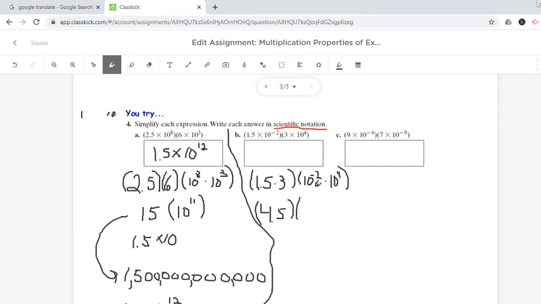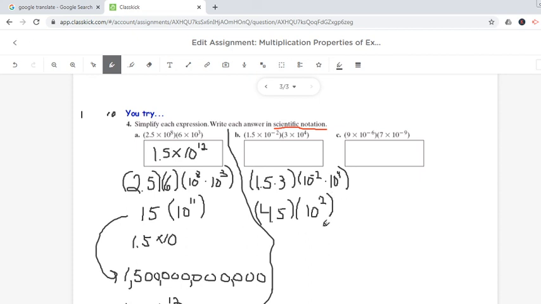And then 10 to the negative 2 times 10 to the 4th, same base. So it's negative 2 plus 4. That is 10 squared, right? Or you could say 4 minus 2, 2. Okay.